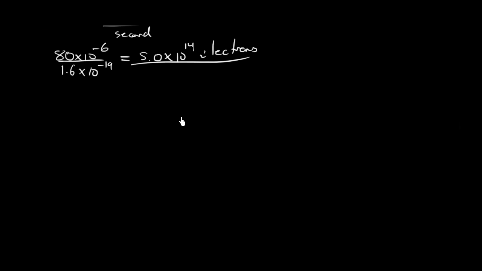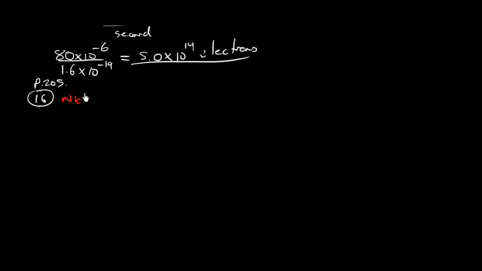Now the next question that I was asked about was question 16 from the same set of questions. This is page 205 now. Question 16 is about resistivity, and it's about nichrome.